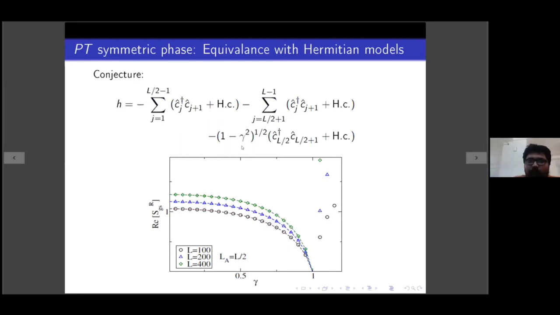And what we found is remarkable: if you take this particular Hermitian model and calculate the entanglement entropy, this dashed line corresponds to that, and it matches absolutely brilliantly with the non-Hermitian data.